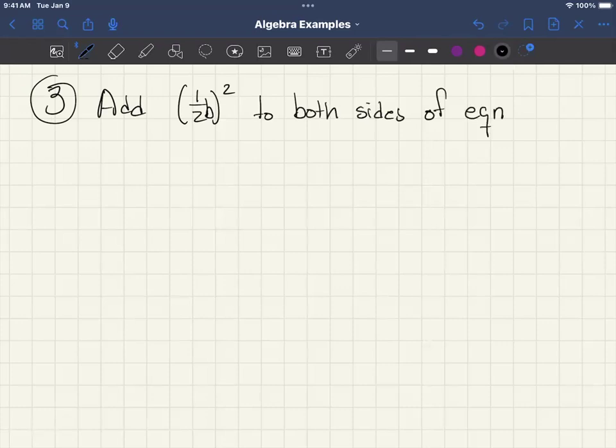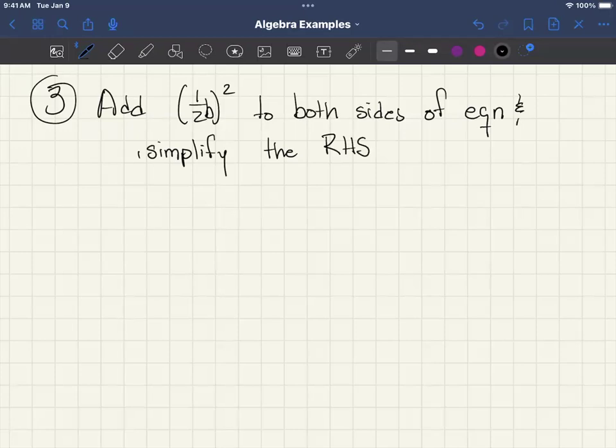And I'm going to stop right here and just let you know that I use EQN for equation. Again, math is a lot of writing, and we just don't have time in our lives to do all that. So again, we're going to simplify the right-hand side after we do this.